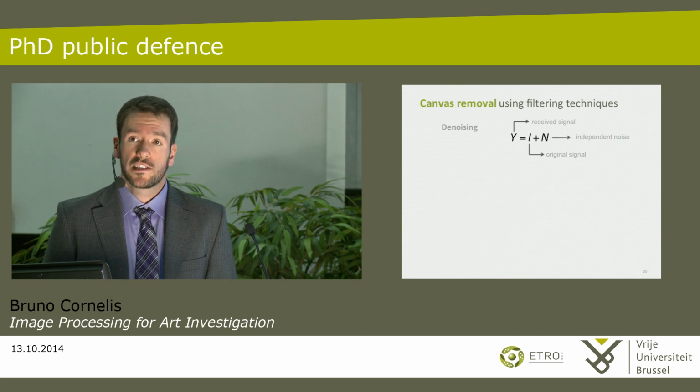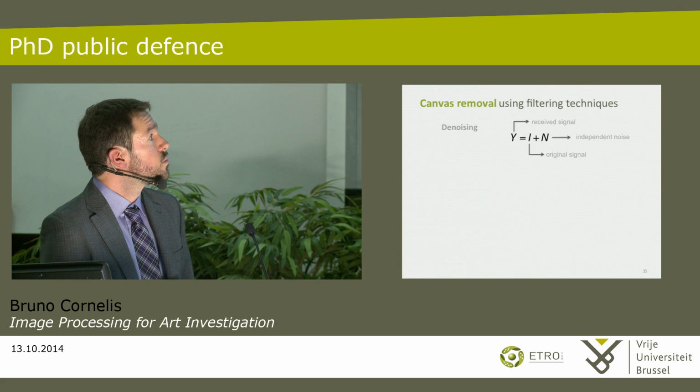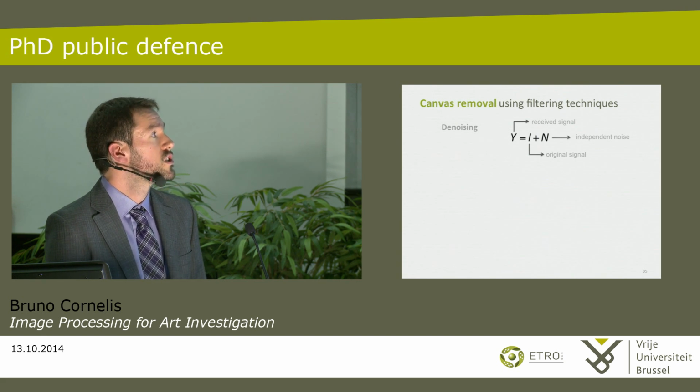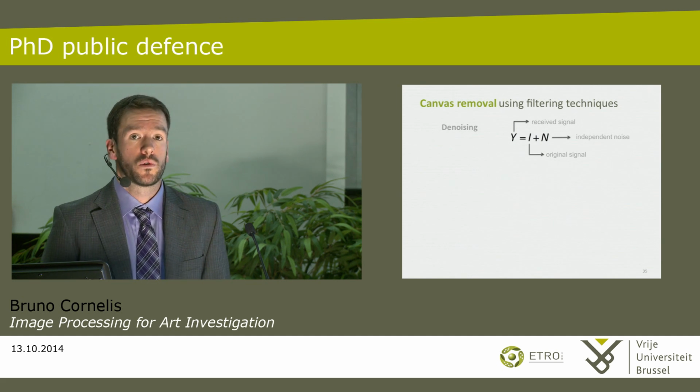But first we need a nice model for our image, and we took this model from the world of denoising, where we have a received signal, which is supposed to be the superposition of an original very clean signal and an independent noise component.